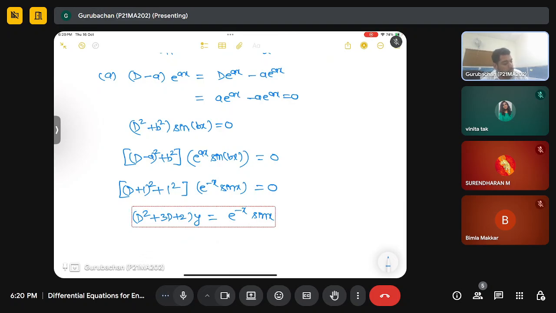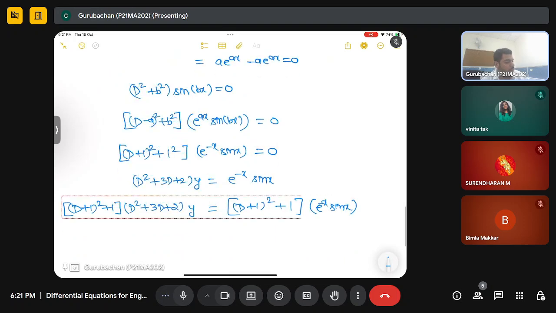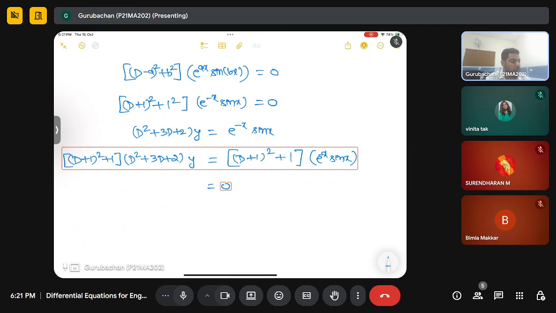We will apply this operator on both sides, (D plus 1) whole square plus 1, on e to the power minus x sin x. So this will give you 0. So this is now a homogeneous ODE.